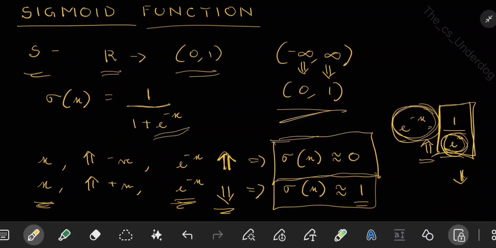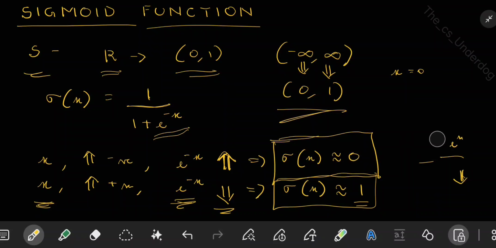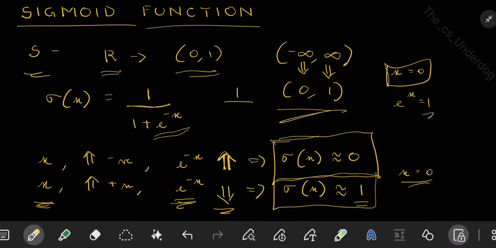Next thing, very important thing, is what happens when your x is equal to 0? Whenever your x is equal to 0, then your e power x is equal to 1. E power x, e power minus x, everything is going to be equal to 1 when x is 0. Which means when x is equal to 0, this will be 1 by 1 plus 1, which is 1 by 2, that is 0.5.